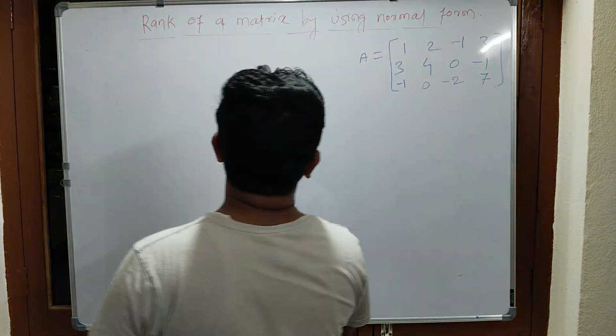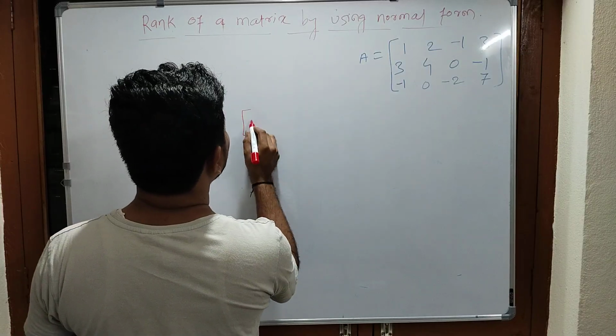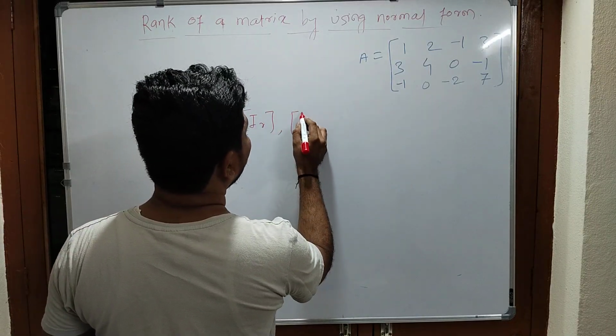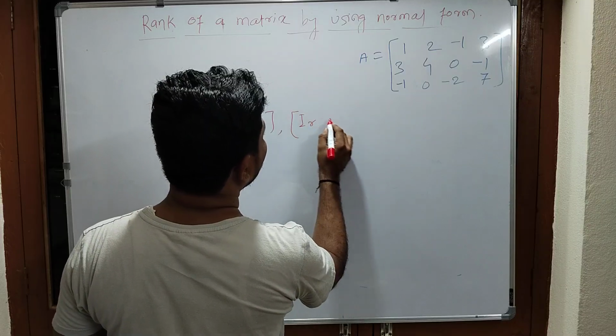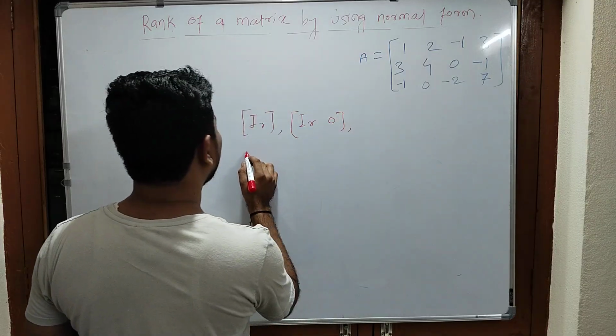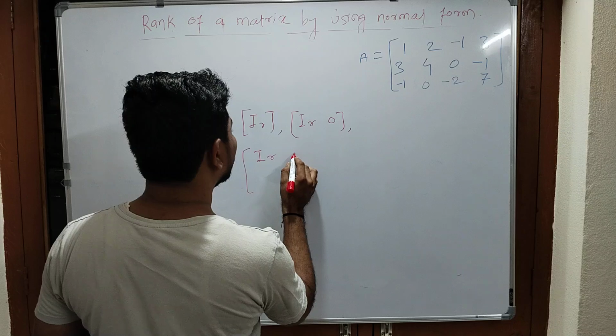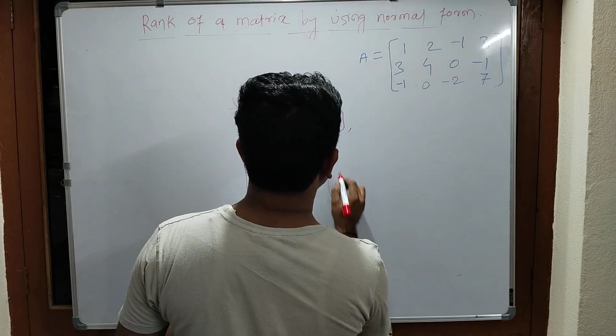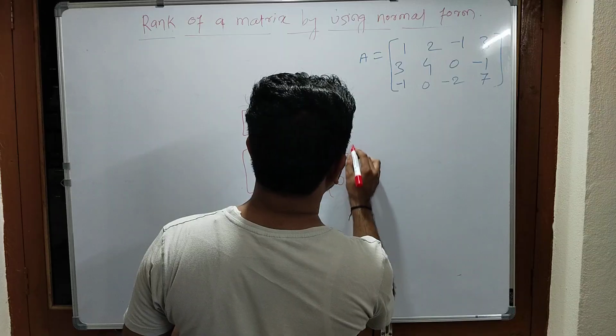The normal form of the matrix is either I_r, or I_r 0, or I_r 0 0 0, or I_r and 0.